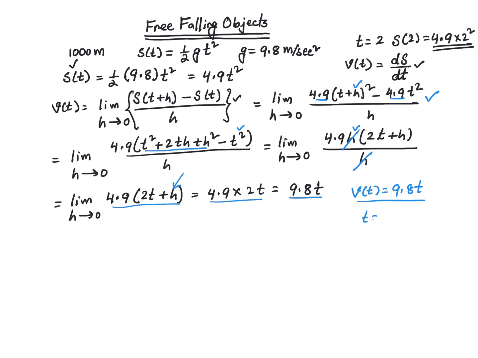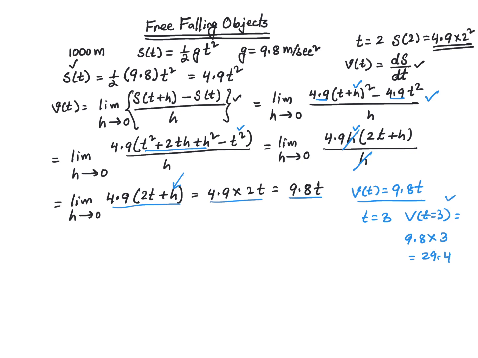If t is equal to 3 seconds, the velocity is 9.8 times 3, which is 29.4. So given the formula for the position of a falling object, we can find the position at different times as well as the velocity.